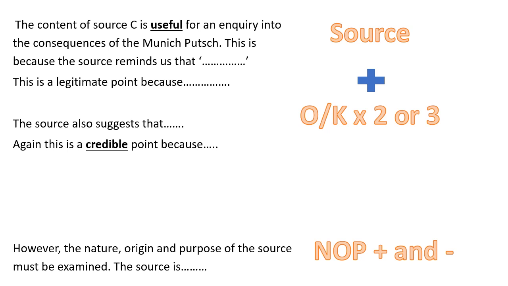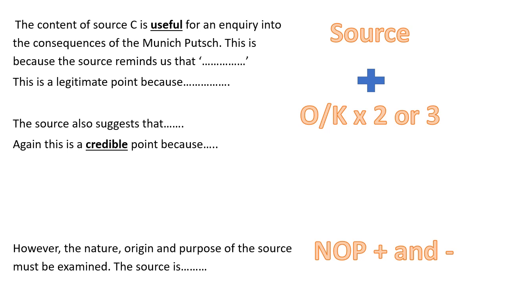So now we've done all our research, we've covered stage 1, stage 2 and the final stage about nature, origin and purpose. We can now apply our understanding through a writing frame that's designed to get us to the maximum marks. So you must begin: the content of source C is useful for inquiring into the consequences of the Munich Putsch.